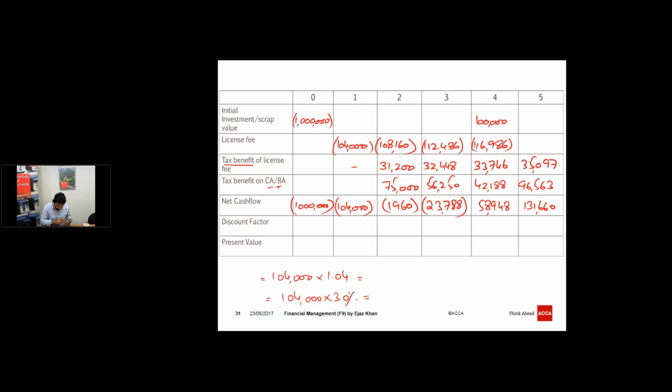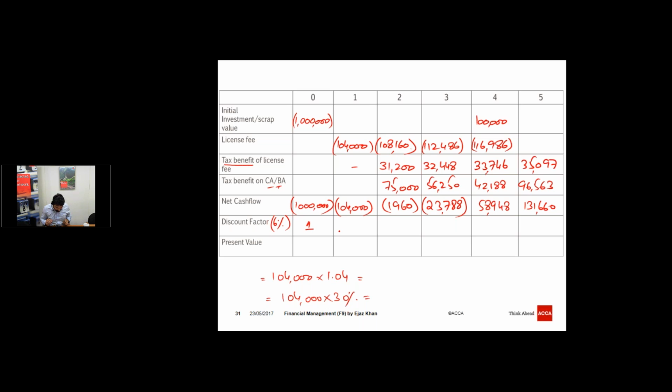Can anybody tell me? I guess it's the right figure. Yes, it's the right figure, right? Okay, tell me the discount factors of 6%. Now we're taking 6% as our discount rate.